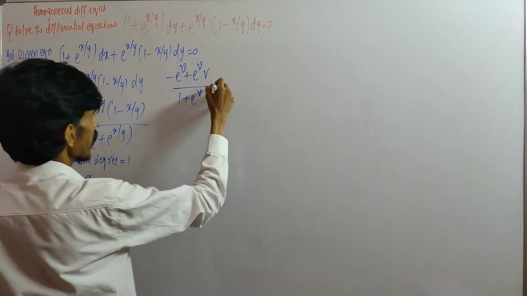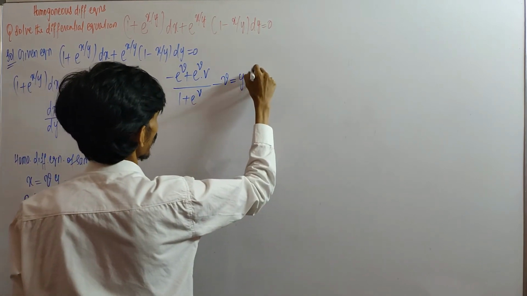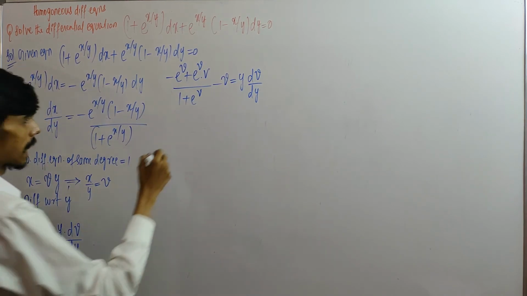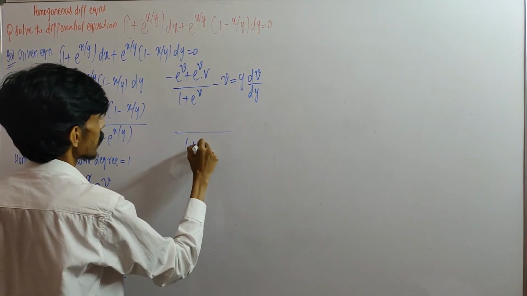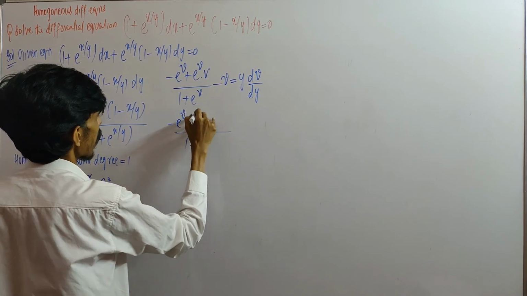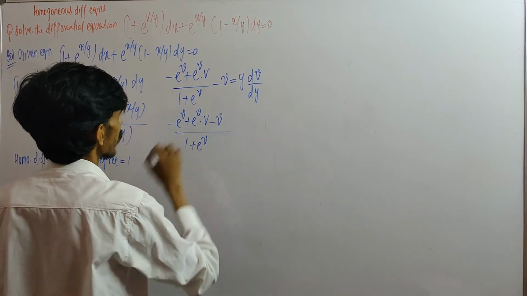Take this, here we have minus v is equal to y dv by dy. Taking LCM, we have 1 plus e power of v. Here I have e power of v plus e power of v into v. V into 1 is minus v.